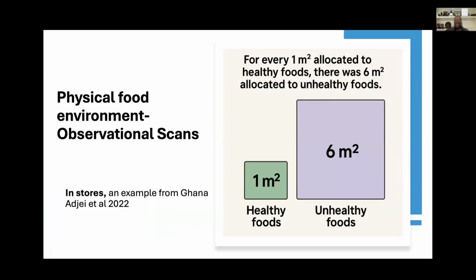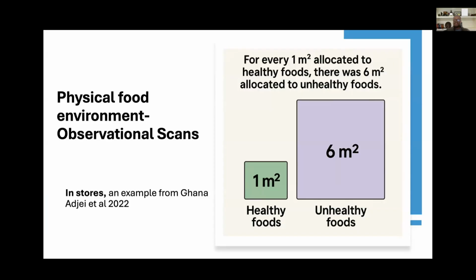All these are assets. And again, this is the second example that I want to give you from the work that we did in Ghana. What we did here was to go to modern retail outlets, including supermarkets in the Greater Accra region, and meticulously measure the shelf area that is used for food.